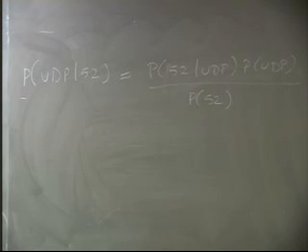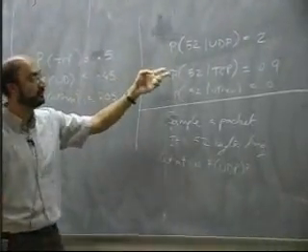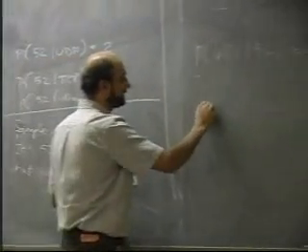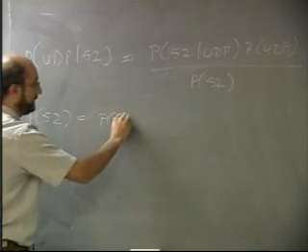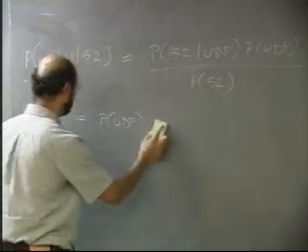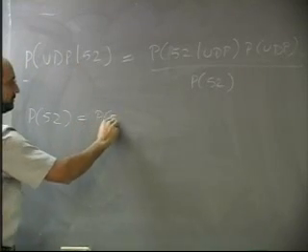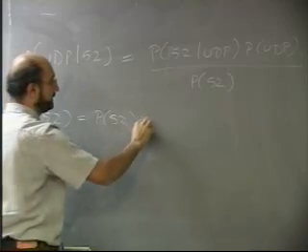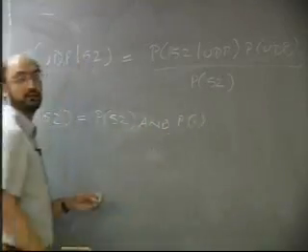Okay, now I have P TCP and P 52 given TCP, P UDP, and so obviously P 52 can be written like this. P 52 is what? Let me actually write this like this. P 52 is nothing more than P 52 times P1, right?